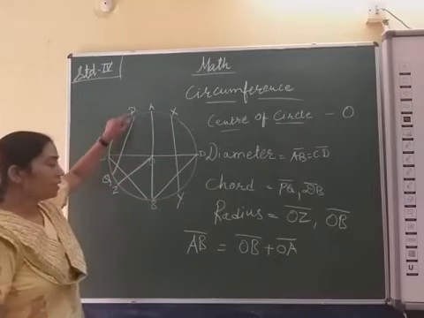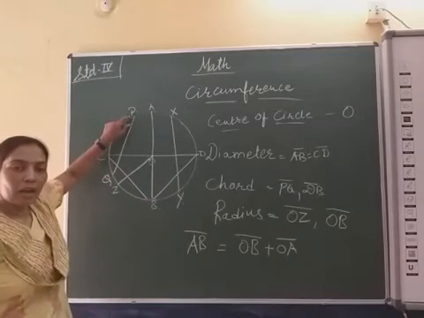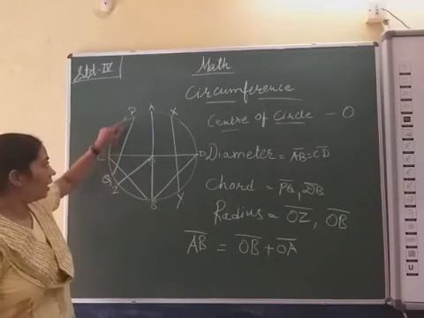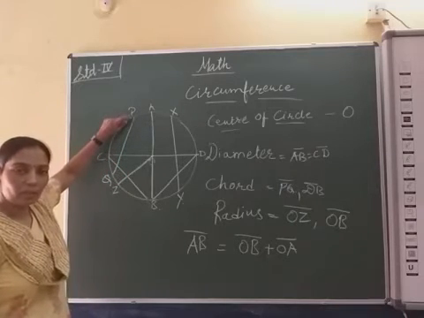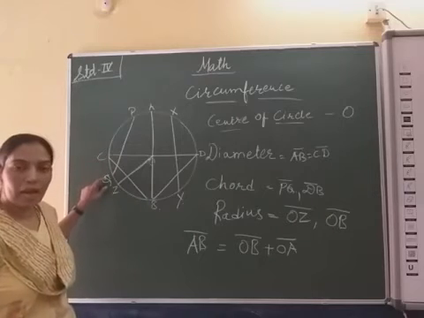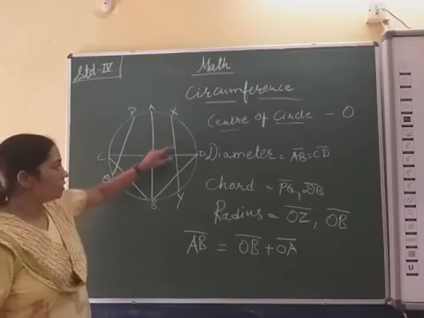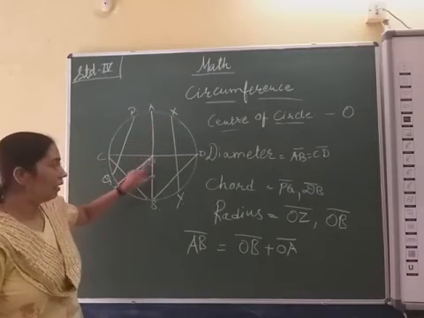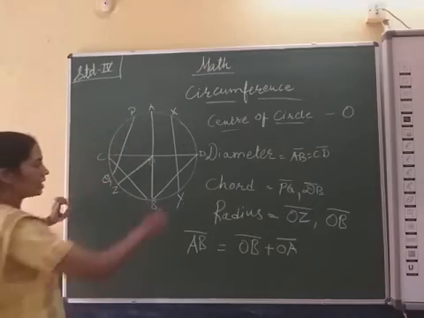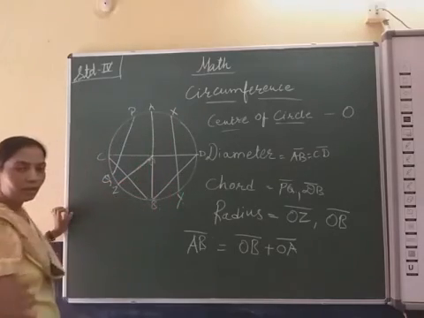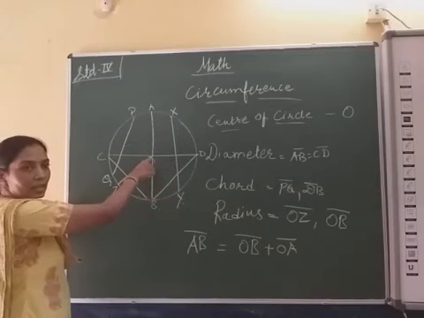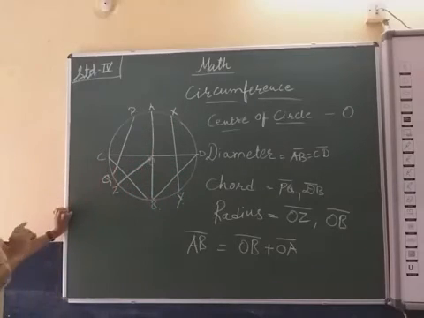The chord is a line segment whose two points lie on the circle, like here the starting point is P and the ending point is Q, but it is not a diameter, because it does not pass through the center. XY is also a chord, but it does not pass through the center, that's why we can't say it is a diameter.